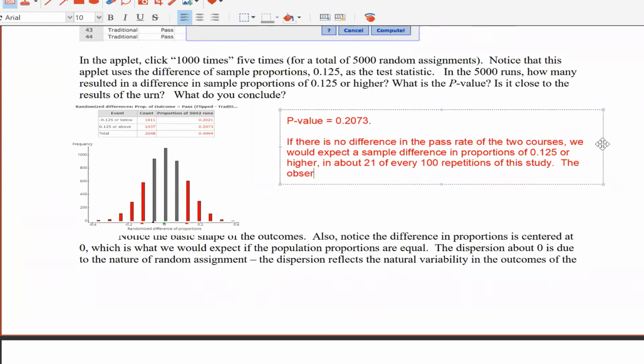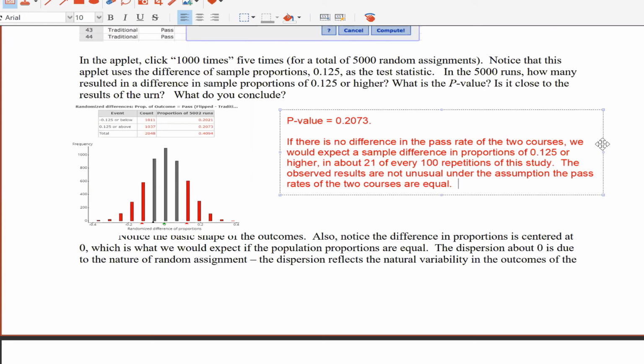So the observed results are not unusual under the assumption the pass rates of the two courses are equal.